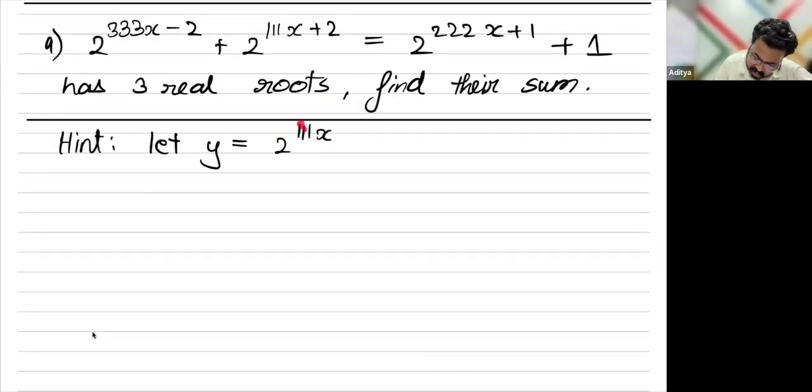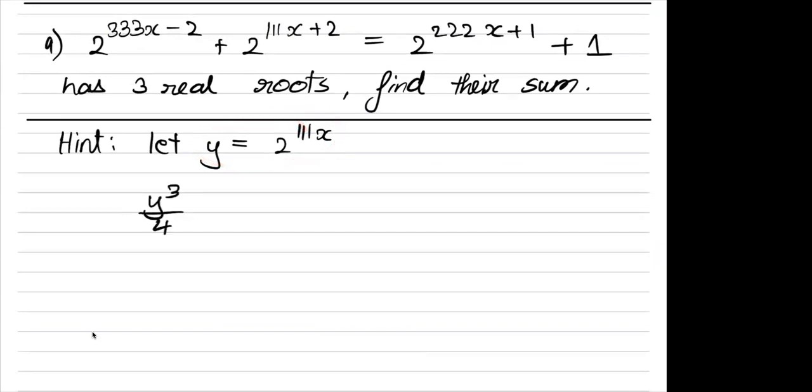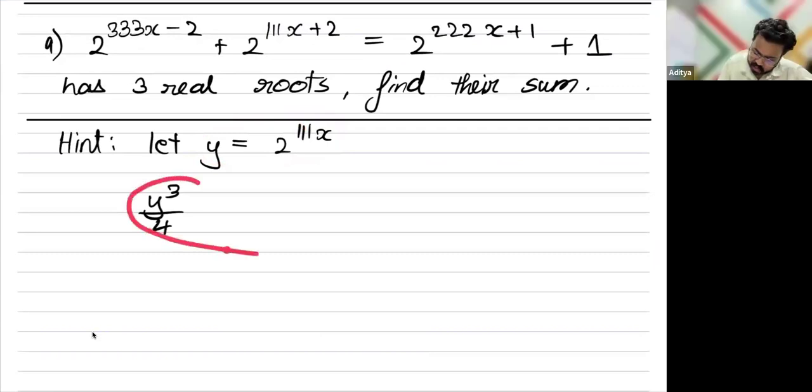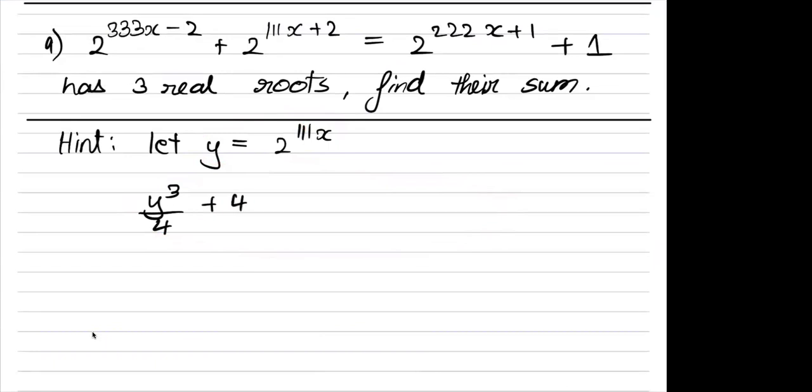I'll substitute this and then I'll show you what the equation becomes. This will become y cube upon 4. I'll just write down the equation and then do nothing more so that you can at least verify if whatever you have done is correct or not.